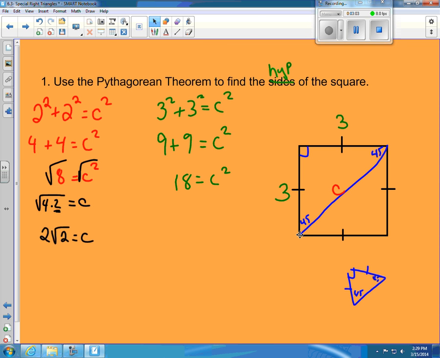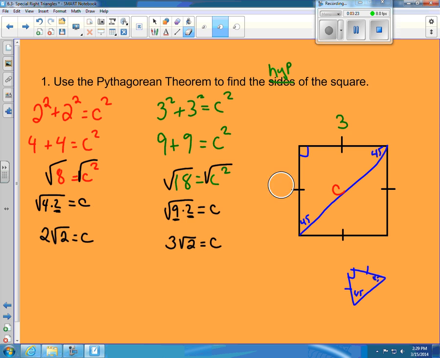Again, we just want c, the hypotenuse. So we're going to take the square root on both sides. 18 is going to break into 9 times 2. 9 is a perfect square. Square root of 9 is 3, so that goes to the outside. This 2 is not a perfect square, so it stays underneath.